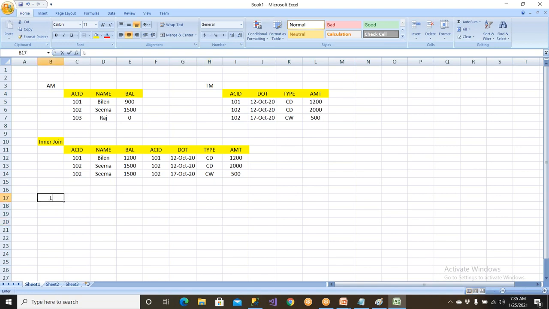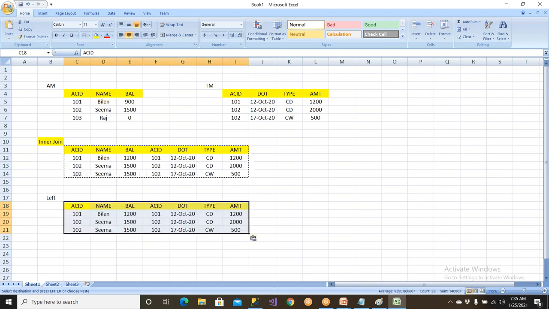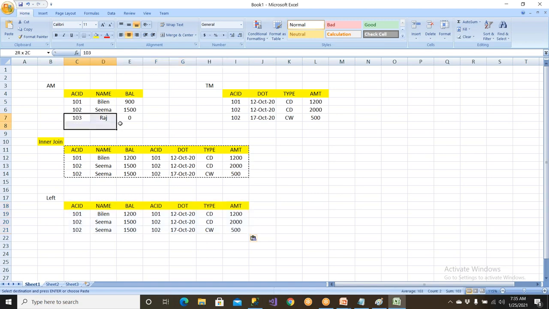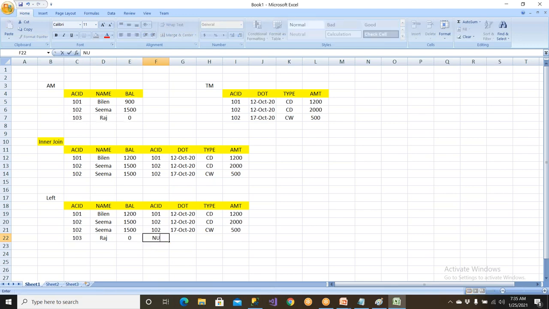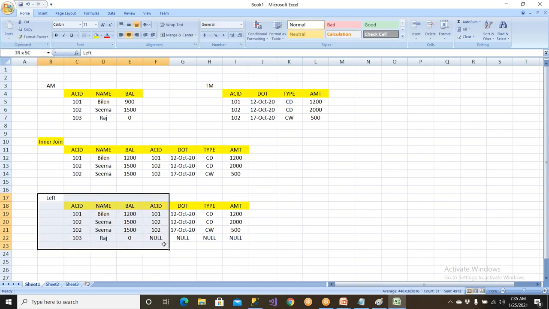If I go in for left outer join or left join, all the matching data will come. I told you, right? All the matching data will come plus unmatched data from the left table. Clear? This unmatched data is going to come here, and there is no matching record, so you will see null, null, null everywhere. This is what is called left outer join.